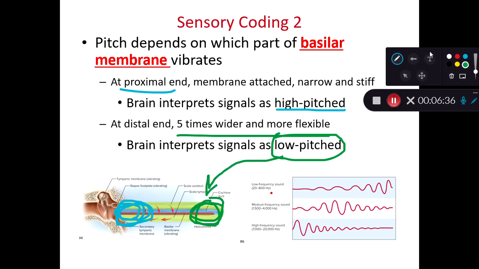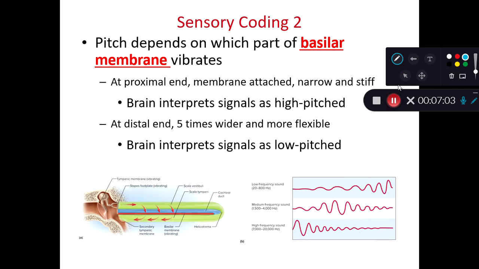So if we were to look at how these signals get into the cochlear duct, the low-frequency noises don't cause the first region of the cochlear basilar membrane to oscillate, but they do cause the distal region. And conversely, high-frequency noises cause the proximal end to vibrate and effectively do not influence the distal end. And then we have the medium frequency noises that are the in-between ones.